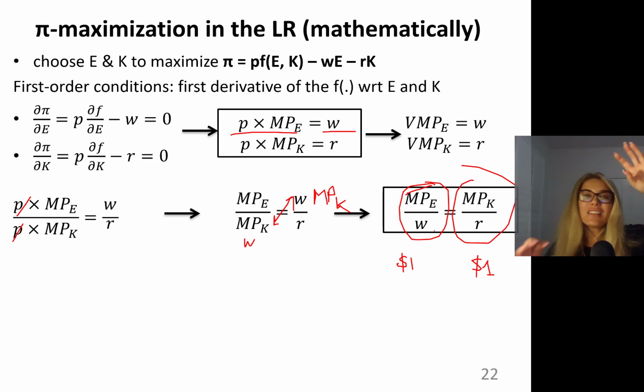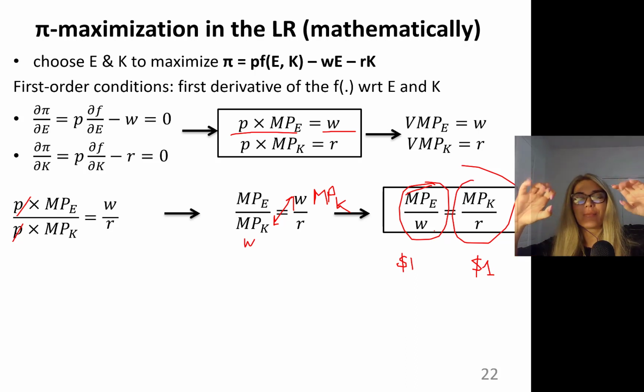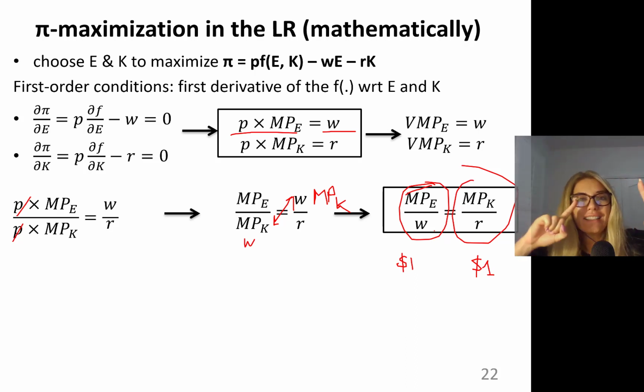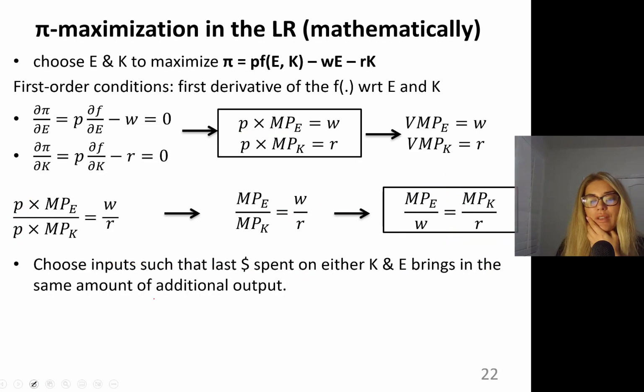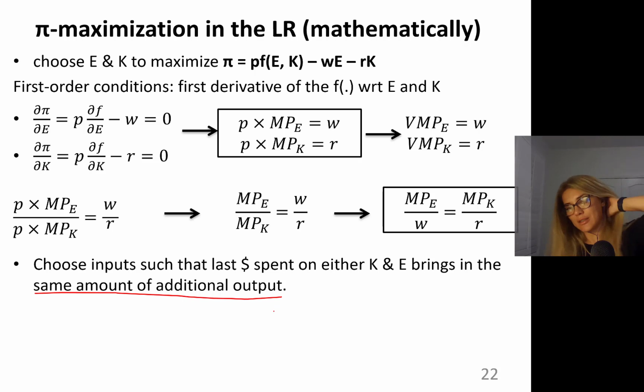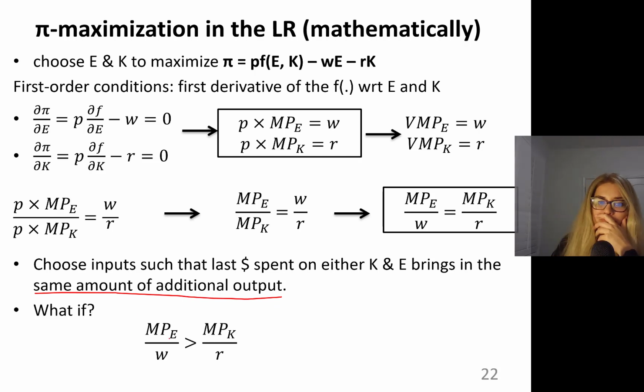So you hire a labor and capital combination to the point at which the last dollar spent on either one of them brings you the same quantity of output. So choose inputs such that the last dollar spent on either capital or labor brings in the same amount of additional output.